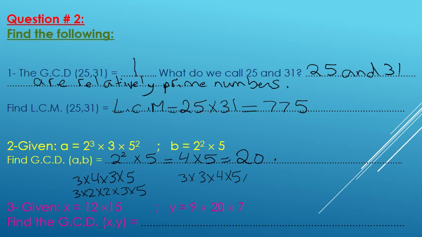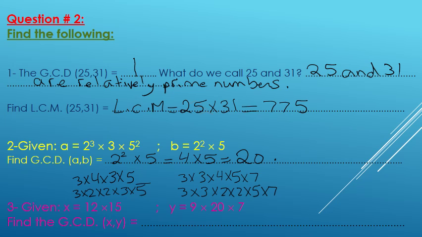Yes. So we write times 7. Is 3 prime? Yes. Is 4 prime? No. Is 5 prime? Yes. So 4 is not prime. We write 3 times 3 times, and 4 is 2 times 2, times 5 times 7.